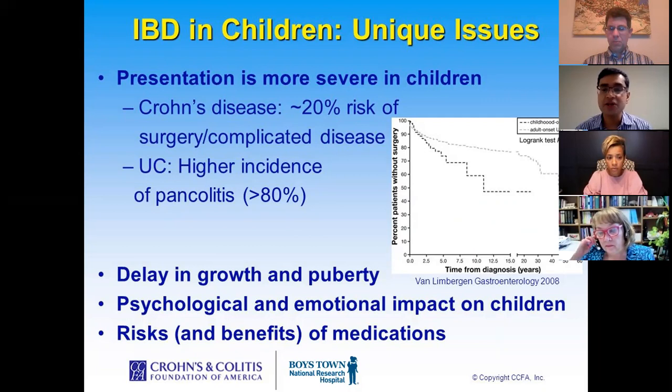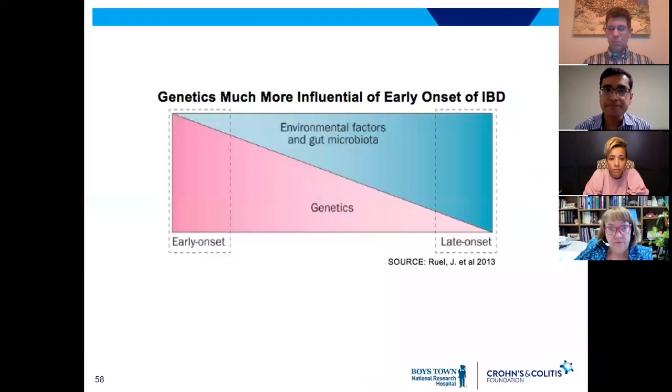This certainly has a lot of impact on children emotionally, psychologically. They're not often adept to handle that. And medications can also be a little bit harder to give them because their bodies haven't matured as much on that. Next slide, please.